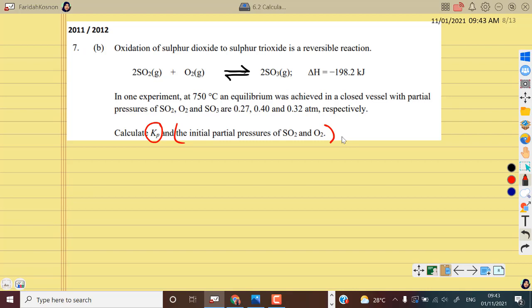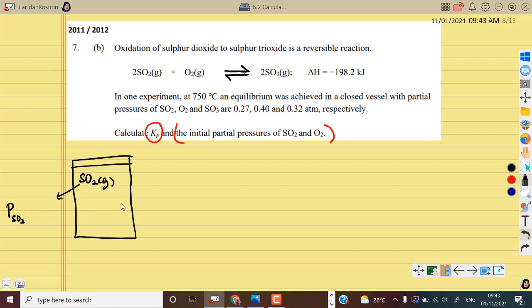Okey, jadi kita kena bayangkanlah sekarang ni kita perlu bayangkan bahawa kita ada satu closed vessel. Okay. In a closed vessel or container, first of all, saya masukkan sulfur dioxide gas. Okey, jadi untuk sulfur dioxide gas ni, oleh kerana dia gas, dia mesti ada initial pressure, mesti ada tekanan separa dia yang awal tu berapa atm.